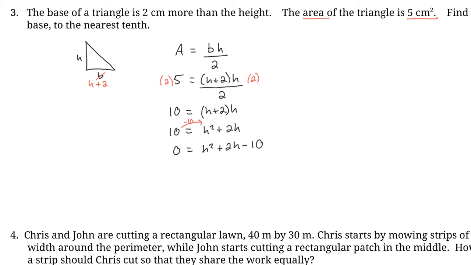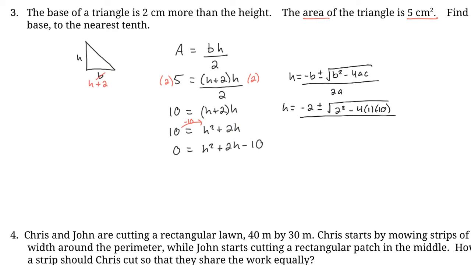And now we just need to solve this quadratic. It doesn't look like this quadratic is factorable, so I'm just going to use the quadratic formula. And once you input the a, b, and c values, you're just going to get h is equal to negative 2 plus or minus the square root of 2 squared minus 4 times 1 times negative 10, and that's all over 2 times 1.